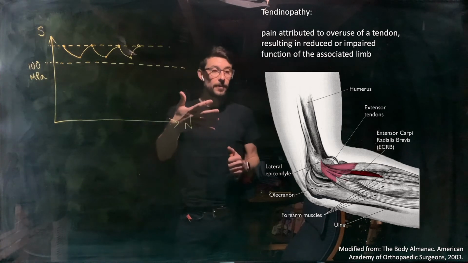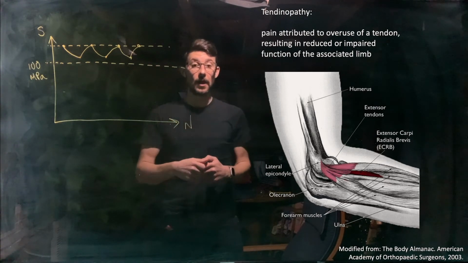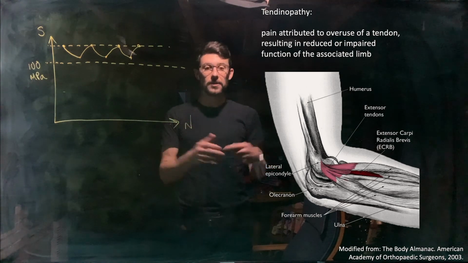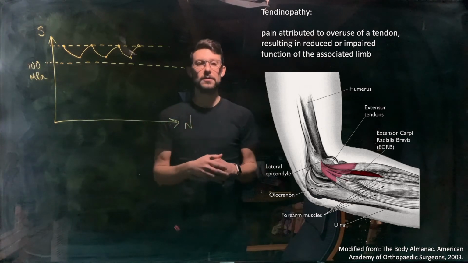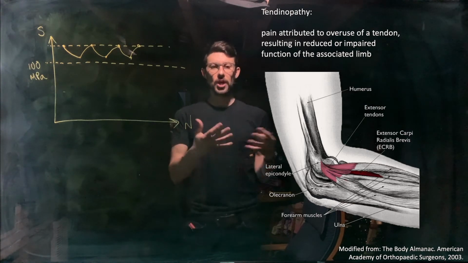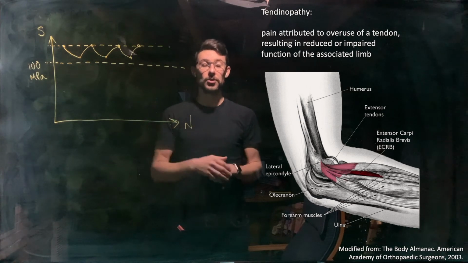Tendinopathy used to be called tendinitis, the itis being associated with inflammation. Then there was a big debate and a lot of research, and people said no, there's no inflammation in tendinopathy, we should call it tendinosis, osis being a general degeneration of structure without inflammation.